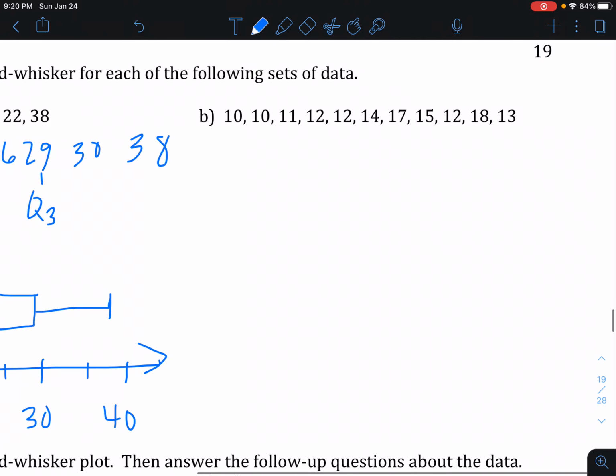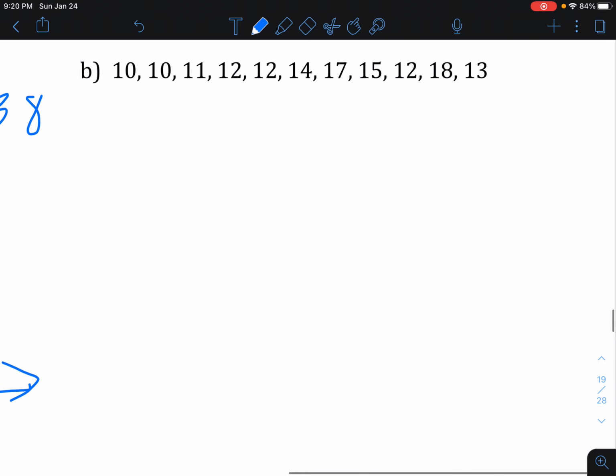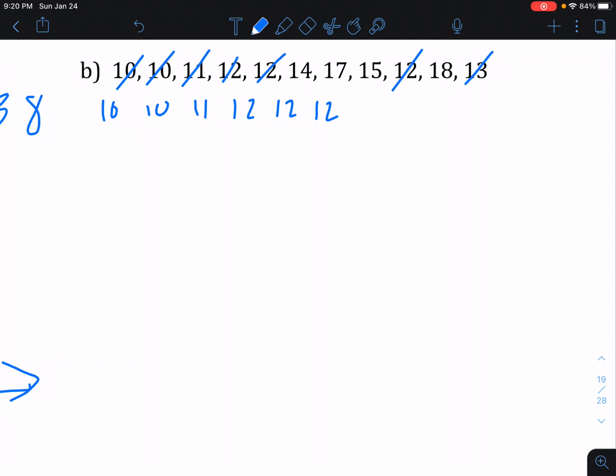Okay, letter B. These are not in order, so I have to put them in numerical order. 10, 10, 11, 12, 12, 12, 13, 14, 15, 17, 18.